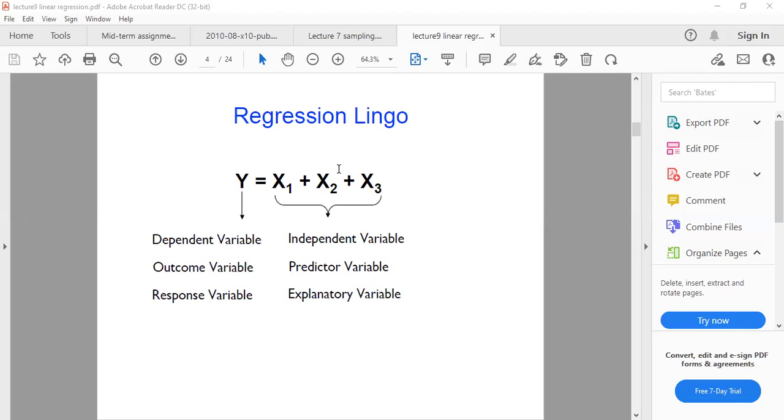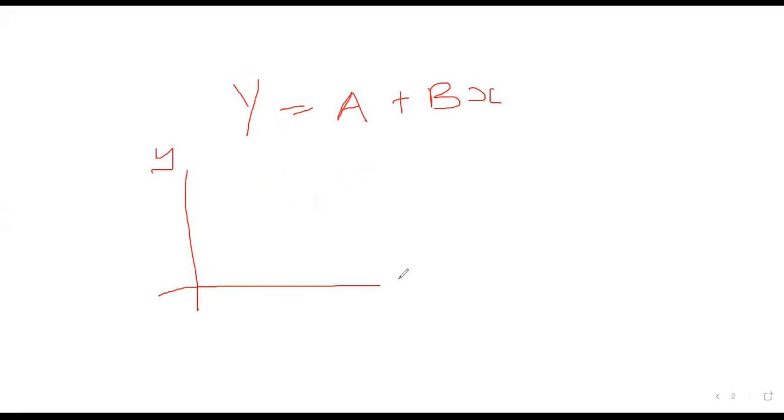So it will be imperative for you to identify which one is your response and which one is your explanatory variables. For instance, we're dealing with an equation between advertising and sales. From your own basic knowledge, which one do you think is your dependent variable and which one is your independent variable? Between advertising and sales, which one depends on the other?